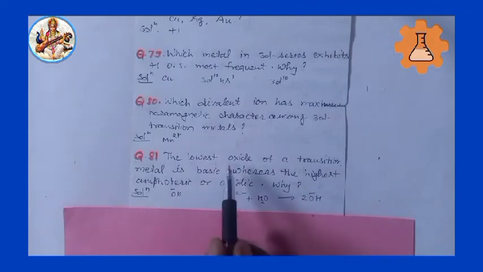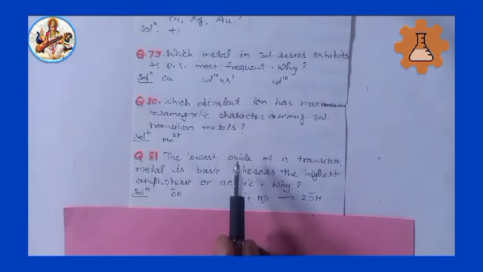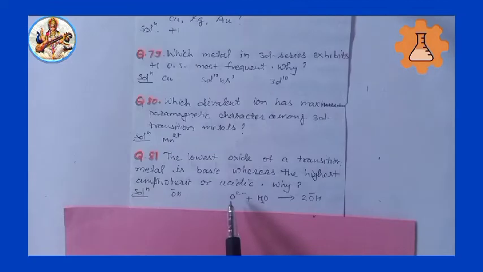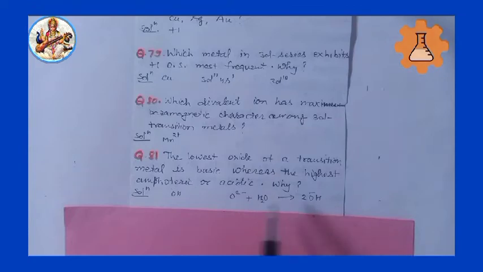I repeat, in lower oxidation states, the oxides are ionic in nature. Thus, the oxide ion given by them forms hydroxide ion with water and acts as a base. As the oxidation state increases, the oxide becomes more and more covalent.